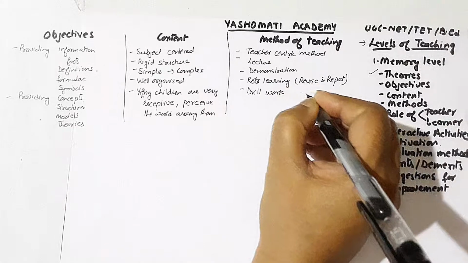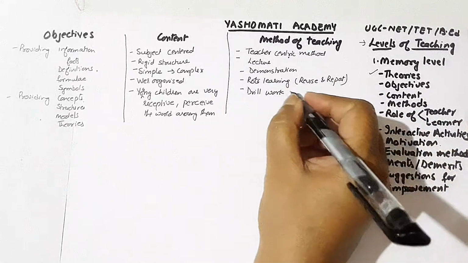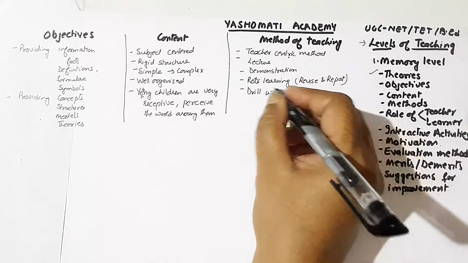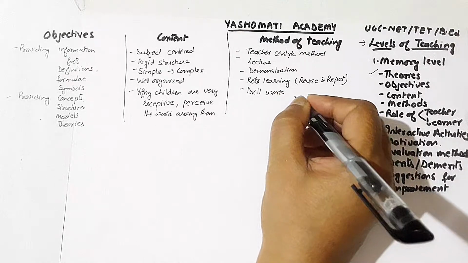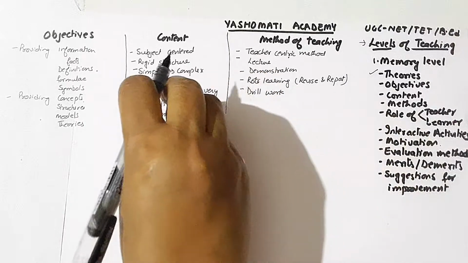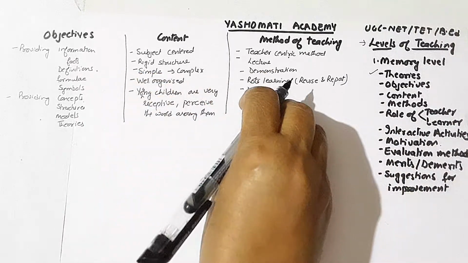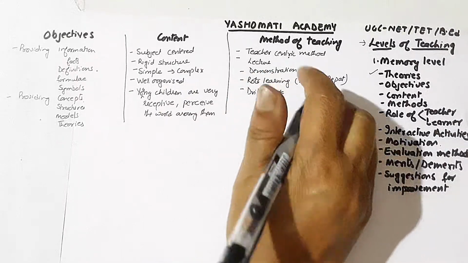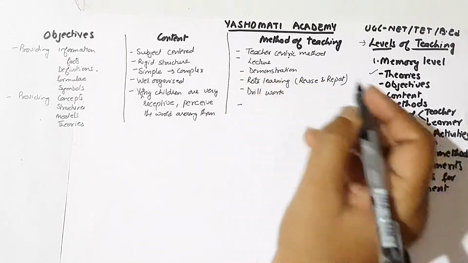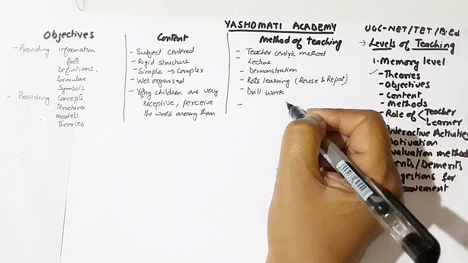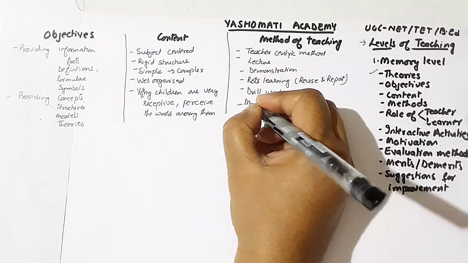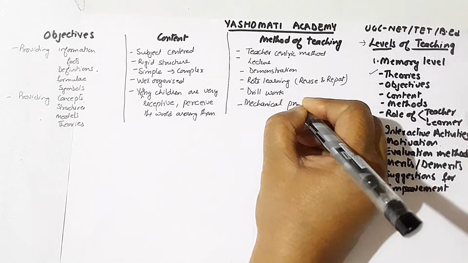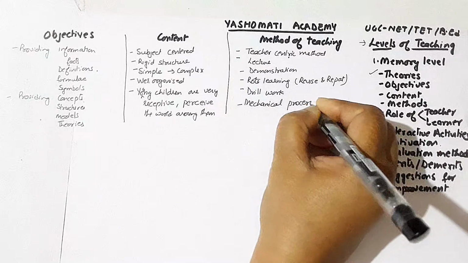So what the learner is doing is repeating the same work again and again. Due to revision of the same material again and again, that material gets an impression on the learner's mind, which becomes memory. So as far as memory level of teaching is concerned, we are using a mechanical process of learning.